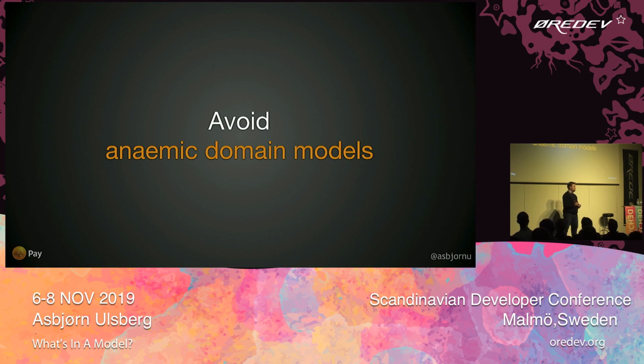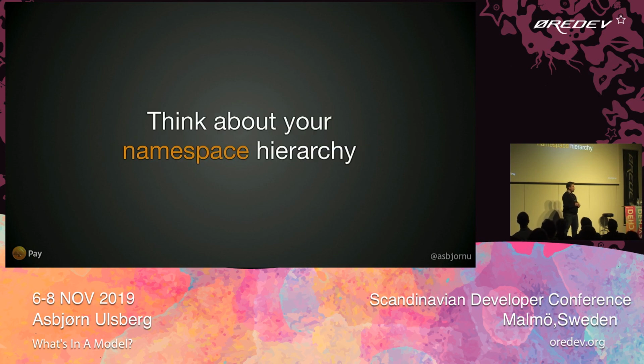Ensure that your domain models have both data and behavior. And think about your namespace hierarchy. It should flow from the core through the layers of the application, each layer adding a part to the namespace, so everything before it becomes within its scope.